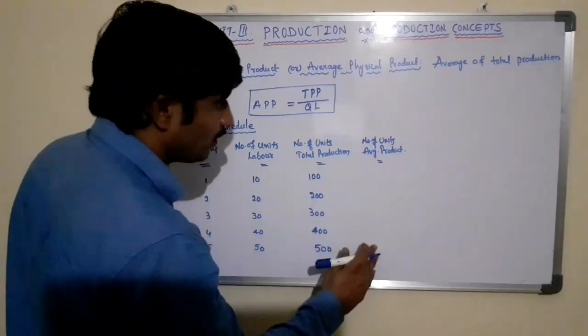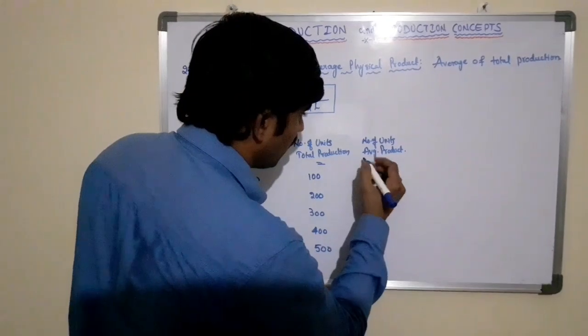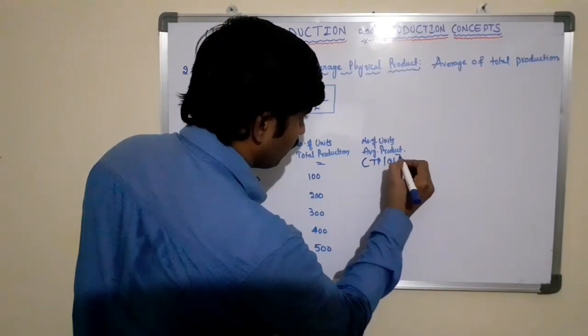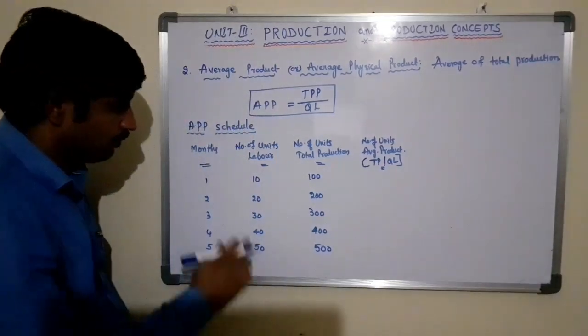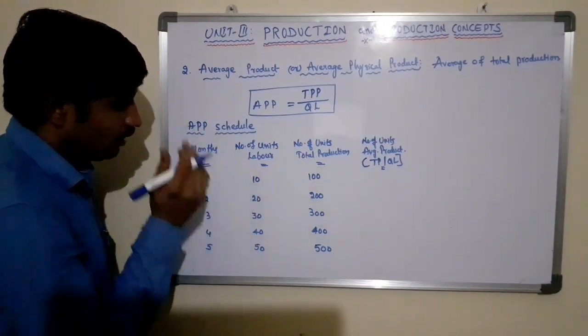Now coming to the number of units in terms of average production. As we have seen, average production is total production by quantity of labor, the relationship between the quantity of production and the labor.